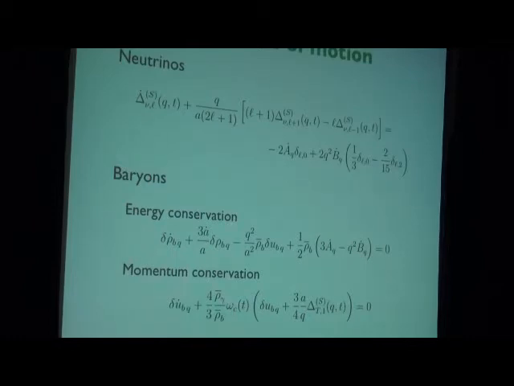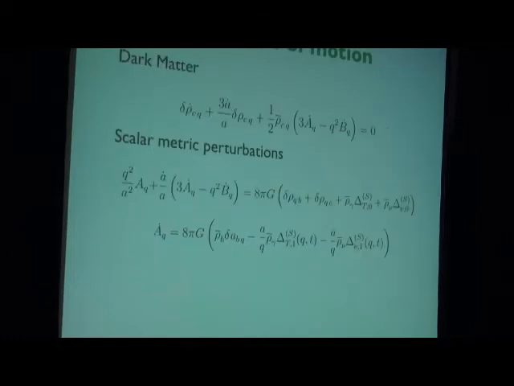And so we can write down the conservation of energy as this equation. Momentum conservation becomes this. And here's what I mentioned earlier. So at early times, rho gamma over rho b we know is large. And so this term is very large, and it drives the sum here to 0. And this is the velocity potential for the photons. So the baryons and the photons are locked at early times.